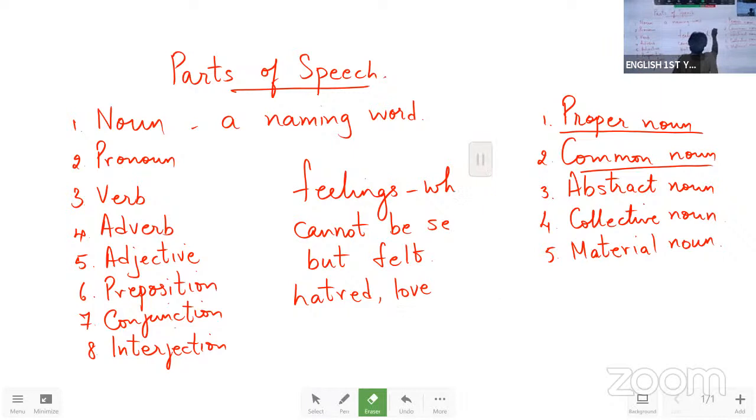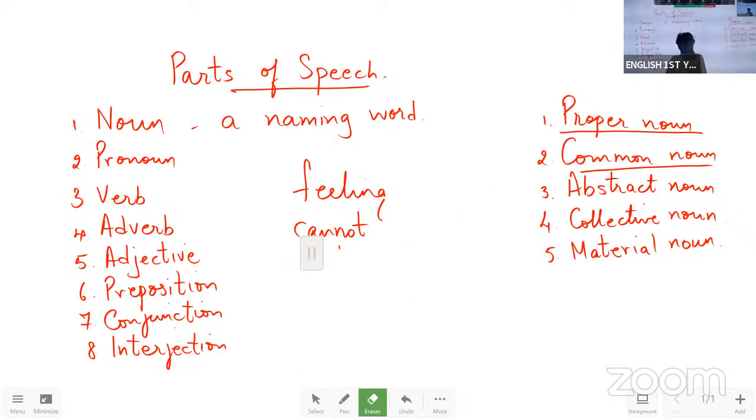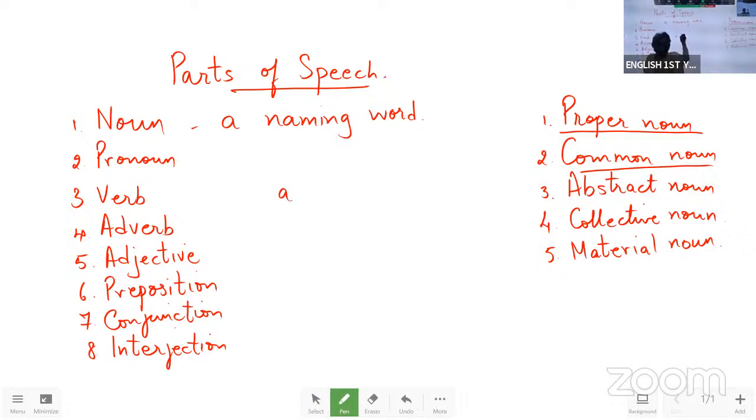Now coming to next, collective. The name itself tells you what it is. Collective. In collection. A pile of books. A flight of steps.